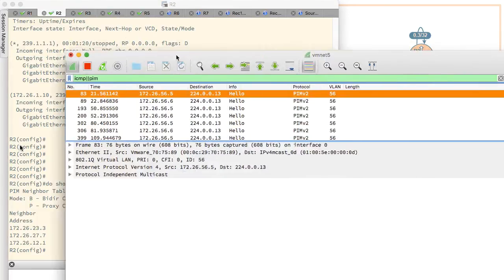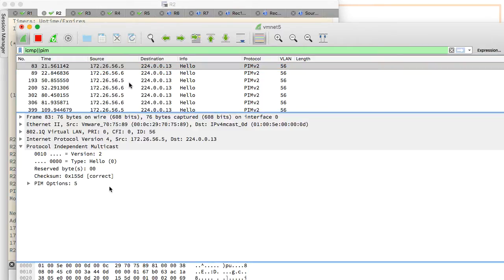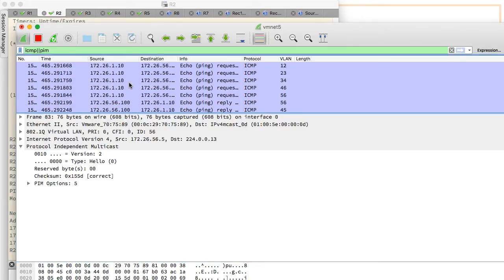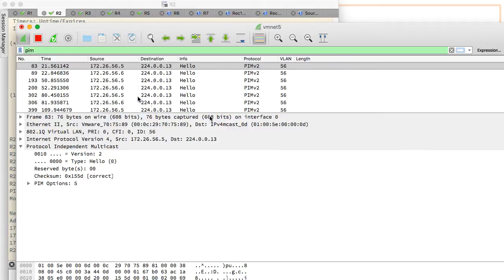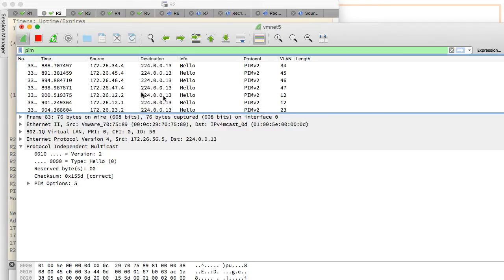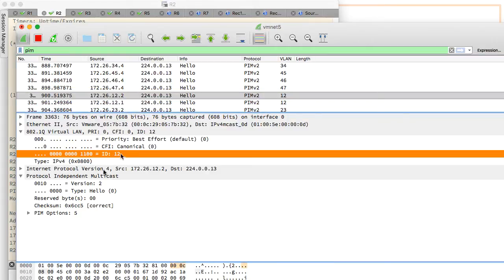Let's quickly take a look at one of these hello messages and what those options really look like. So this is just a certain hello message. It's coming from 56.5. If I go further down, I should also see, well, I could say just PIM. Here's a message going from 12.2 out on one of the interfaces, so this is going between R1 and R2.